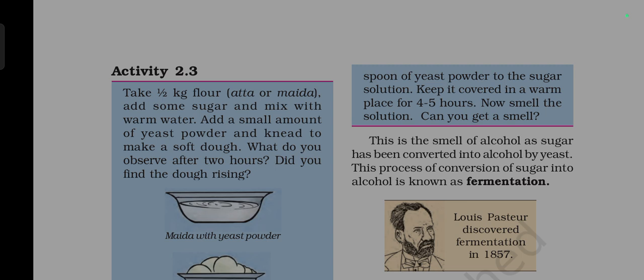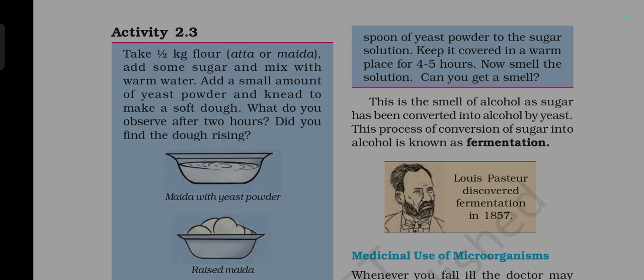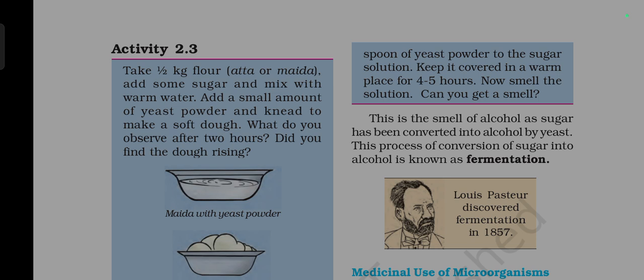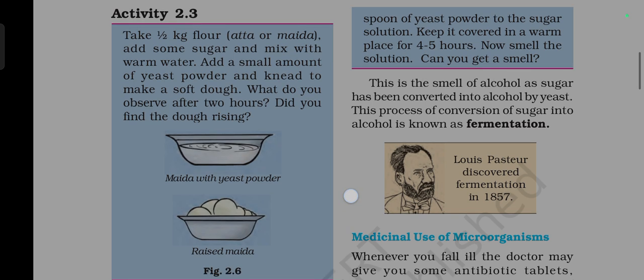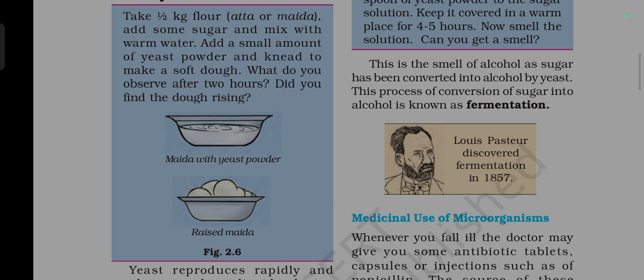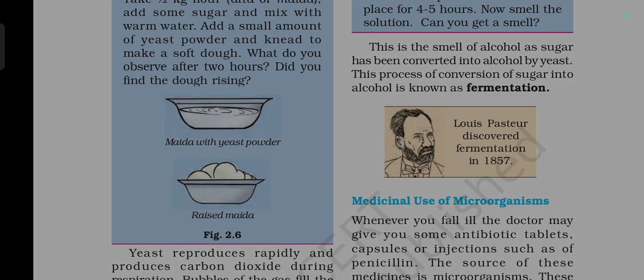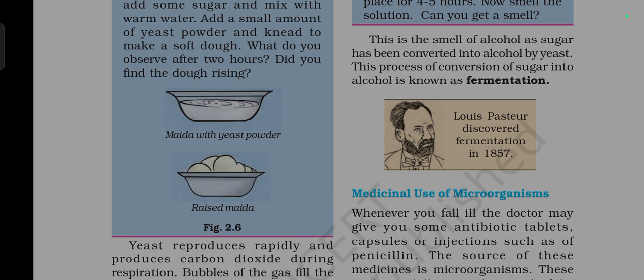Now the activity 2.3. What you have to do is take half kg flour, atta or maida, add some sugar and mix with warm water. Add a small amount of yeast powder and knead to make a soft dough. What do you observe? After 2 hours, did you find the dough rising?